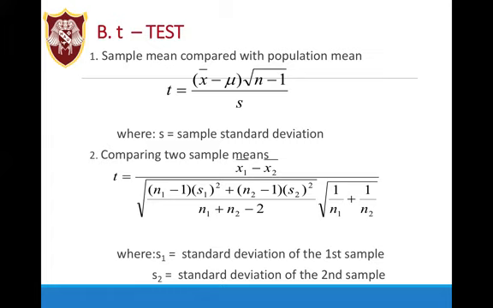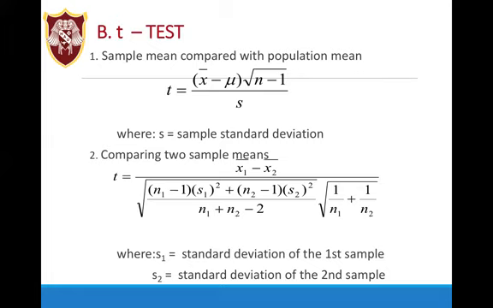So t is equal to the difference of the two sample means divided by the square root of the first sample size minus 1 multiplied by the sample standard deviation of the first sample squared, plus the quantity n sub 2 minus 1 multiplied by the square of the standard deviation of the second sample, all over n sub 1 plus n sub 2 minus 2, which is actually the degrees of freedom.